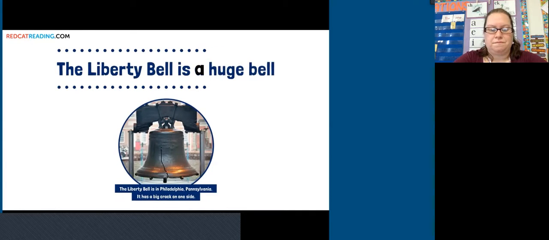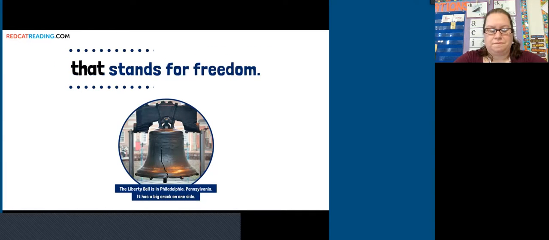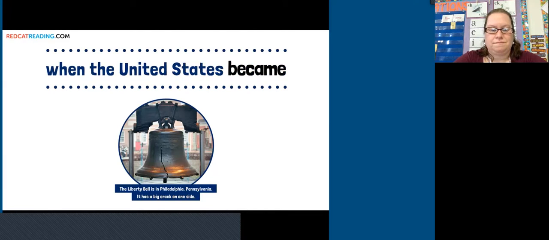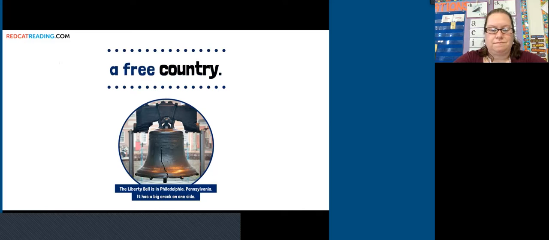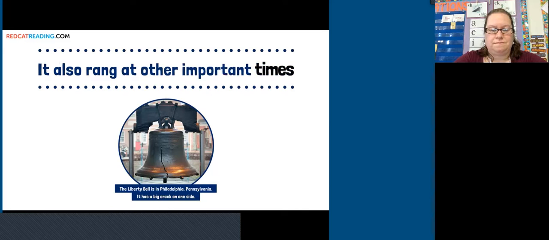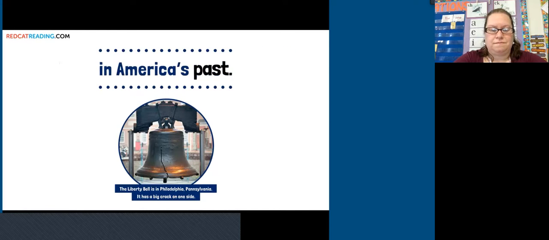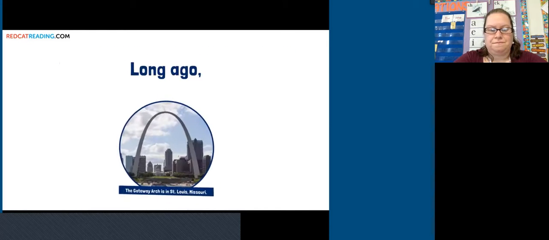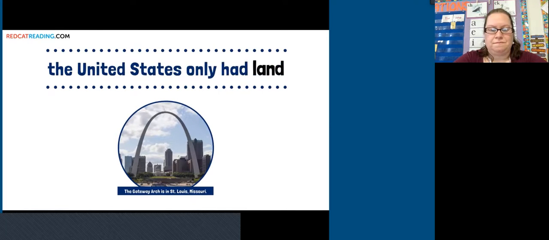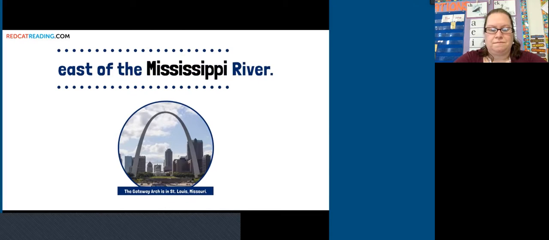The Liberty Bell is a huge bell that stands for freedom. The bell rang when the United States became a free country. It also rang at other important times in America's past. Long ago, the United States only had land east of the Mississippi River.